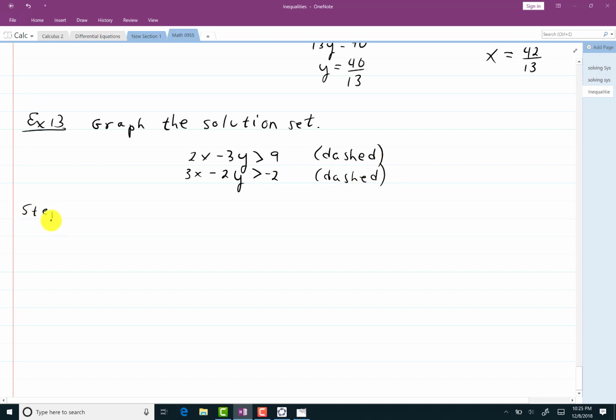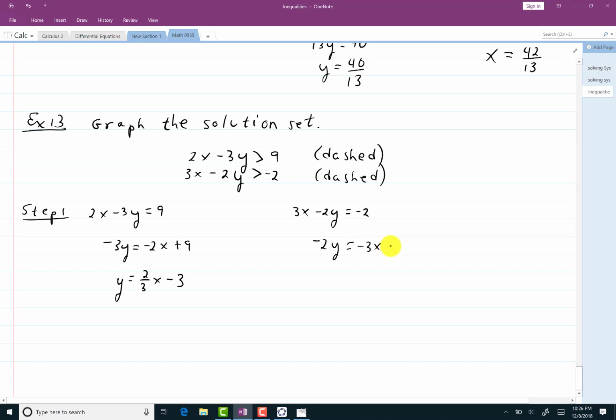So as before, in step 1, let me get the equations of the lines I'm going to graph. I'll subtract 2x. Then I'll divide by negative 3. So there's one line. Let me work the other one now. As before, I'll subtract 3x this time. And I'll divide by negative 2.